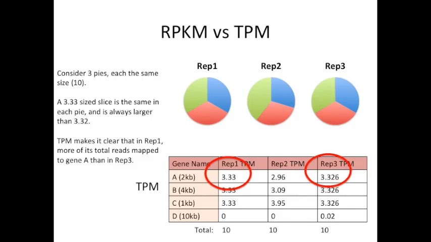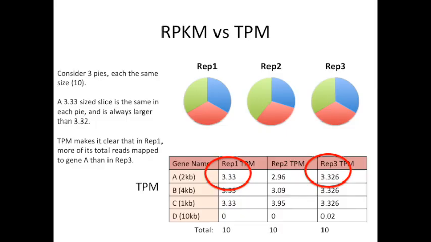Now, consider 3 pies, each the same size. In this case, each pie is size 10. The TPM values in each replicate represent slices in these pies, and we can tell from each slice what proportion of the total reads in that replicate went to each gene.